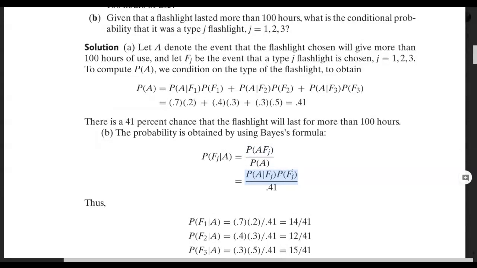That's the probability of the flashlight F1, F2, F3, because we only have 3 types, and then given the first type, second type, or third type, it can be used for 100 hours.